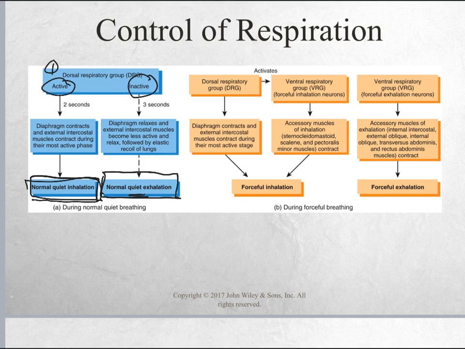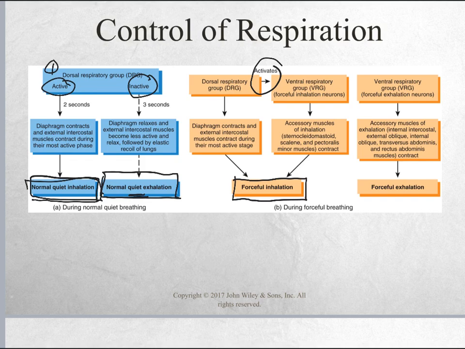As we move on to forceful breathing, so forcefully inhaling or forcefully exhaling, we look at the dorsal respiratory group, and it can work in two pathways, one on its own or two by activating the VRG. So on its own, the DRG is going to contract those two muscle groups again, the diaphragm and the external intercostals, which will give us at its most active stage a forceful inhalation. Step 2.